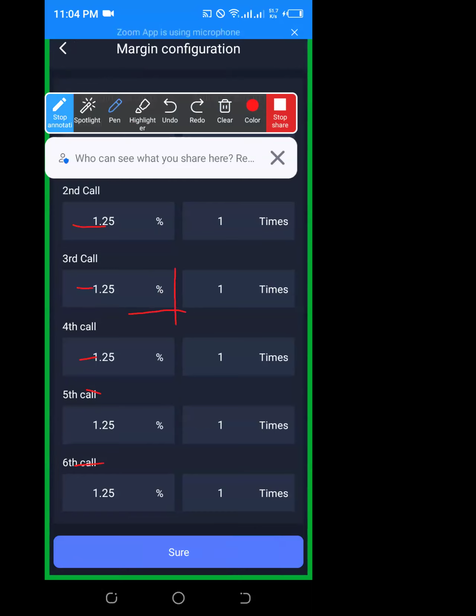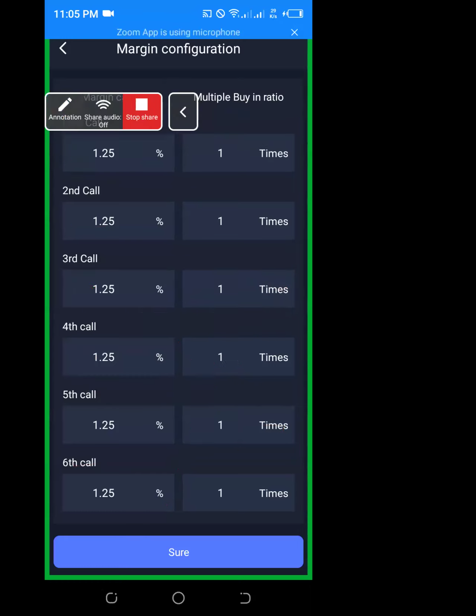A negative 1.25 plus 0.5, that answer is where the robot will buy. So it just waits for an increment of 0.5%, then it buys each and every margin call.